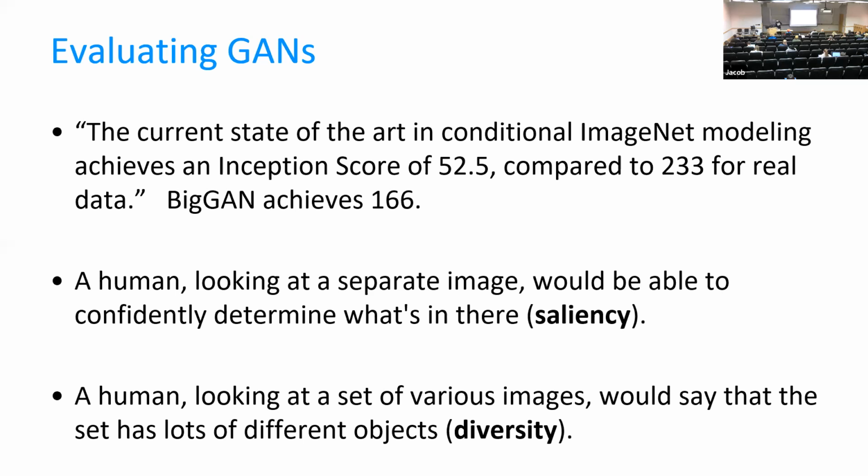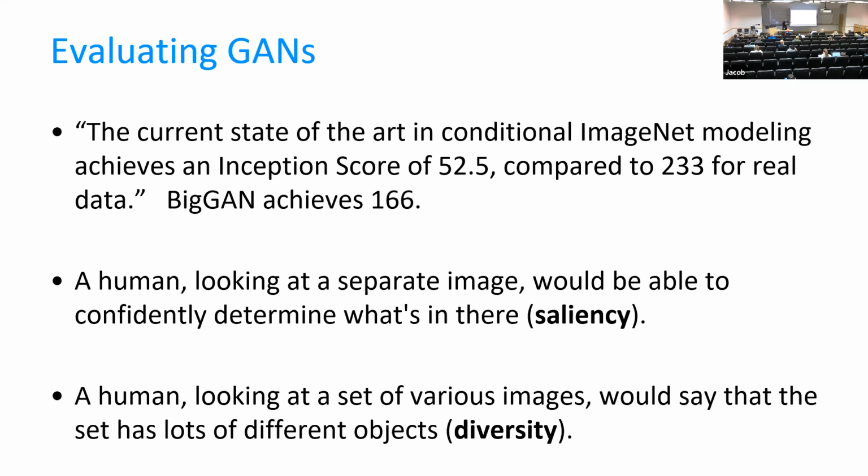Okay, we're going to be talking about some metrics that this paper introduced to evaluate GANs on some of these problems that GANs tend to be subject to, specifically mode collapse. We're going to have two objectives. One is saliency: how well an image represents a particular class.